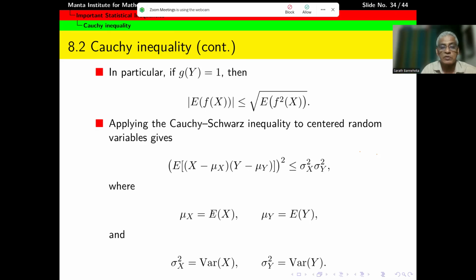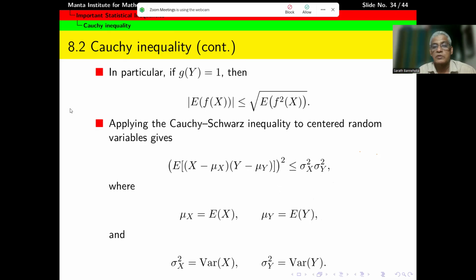Right. So here mu x is the expected value of x, mu y is the expected value of y, and sigma squared x is the variance of x, that is the expected value of x minus mu x squared. And sigma squared y is the expected value of y minus mu y squared.